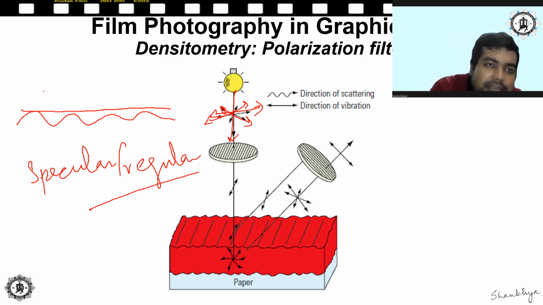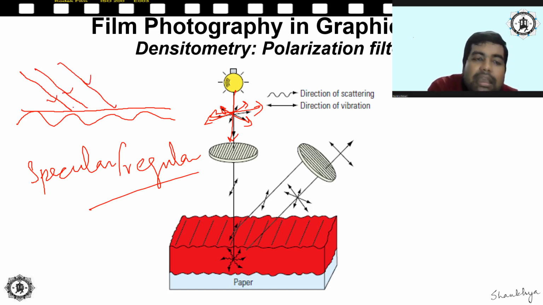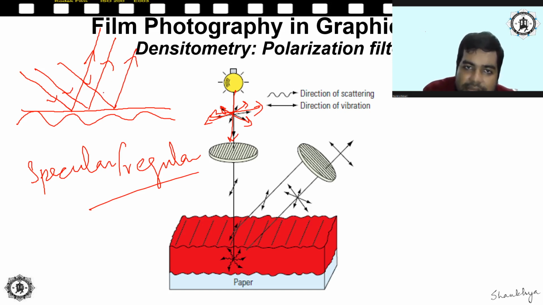So let us say that the light is falling in this direction. Because the surface of the ink layer is smooth, it reflects the light in only a particular direction, maybe like this. So this is what specular reflection is.